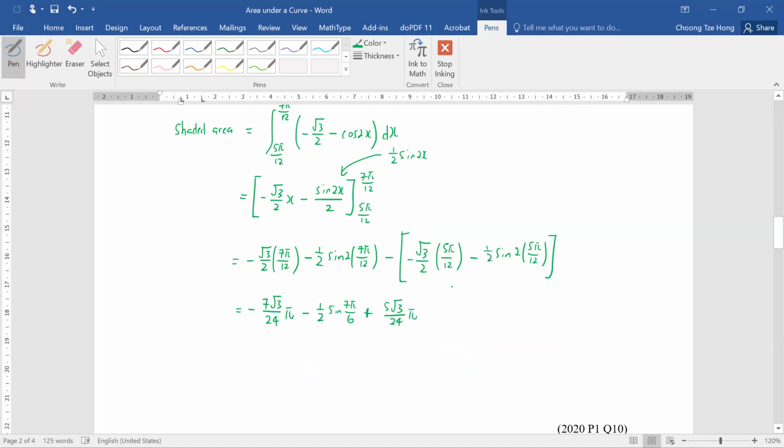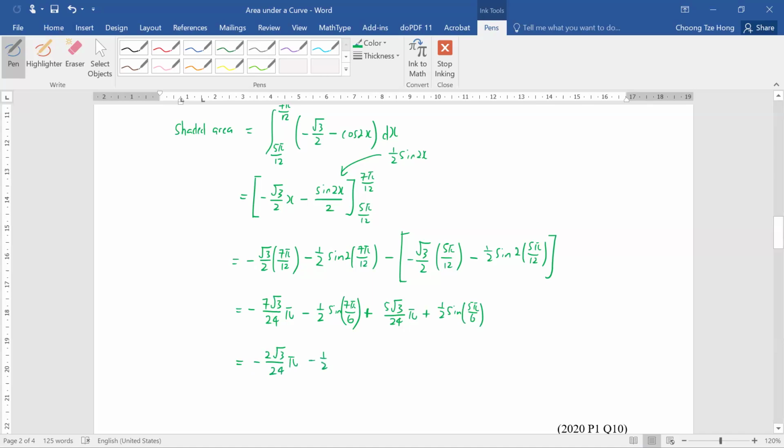Then negative and negative become plus, so plus half sine 5 pi over 6. Then from here, negative 7 root 3 over 24 plus 5 root 3 over 24, you'll end up with negative 2 root 3 over 24 pi.